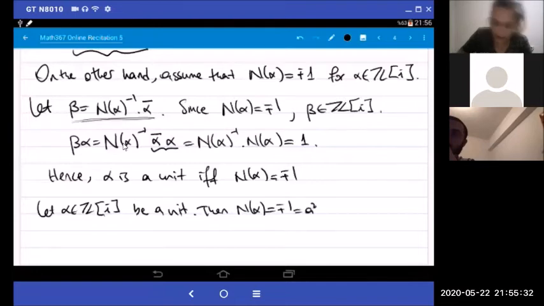Let me denote alpha as a plus b i. So the norm here is a squared plus b squared, and this is of course in integers.